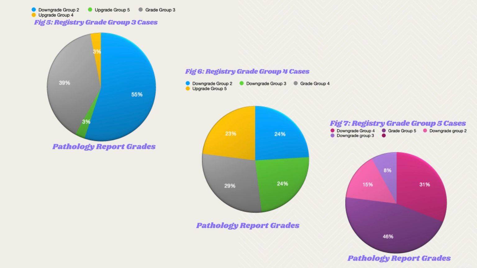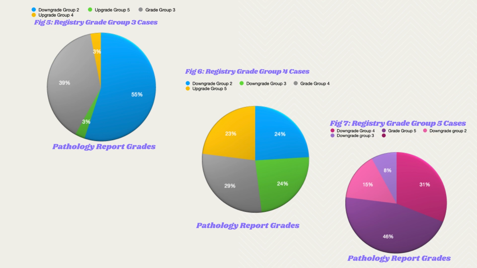Here, on grade group 3, 55% will be downgraded into grade group 2, and only 39% will actually match between the data from cancer registry and the outside pathology report grades for grade group 3. Meanwhile, 3% will be upgraded to grade group 5, and 3% will be upgraded to grade group 4.